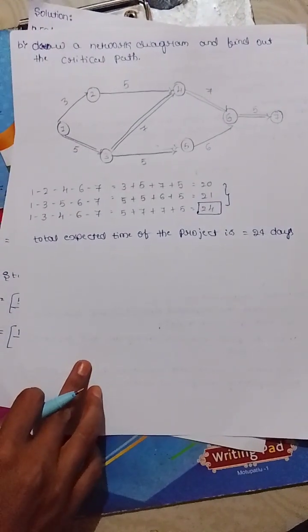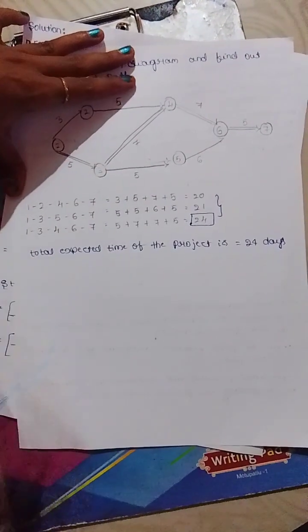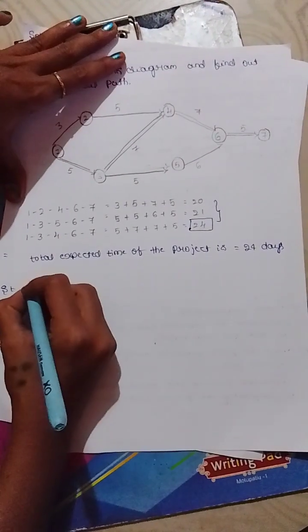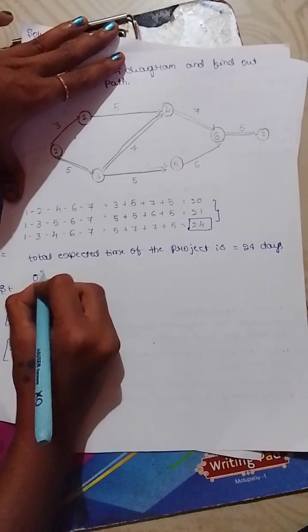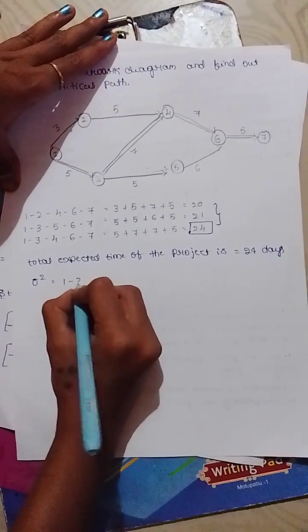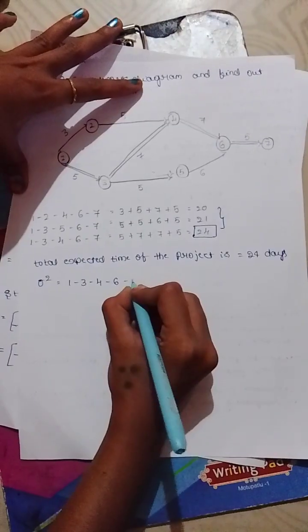Now we calculate the standard deviation of the project. So the route 1 to 3, 3 to 4, 4 to 6, 6 to 7.